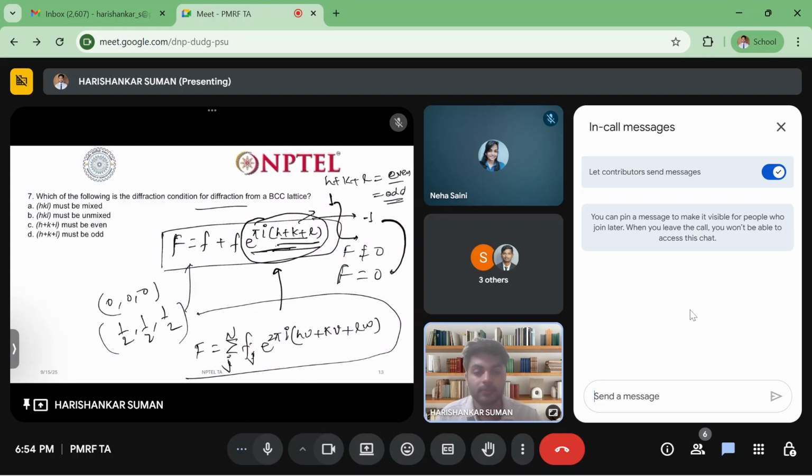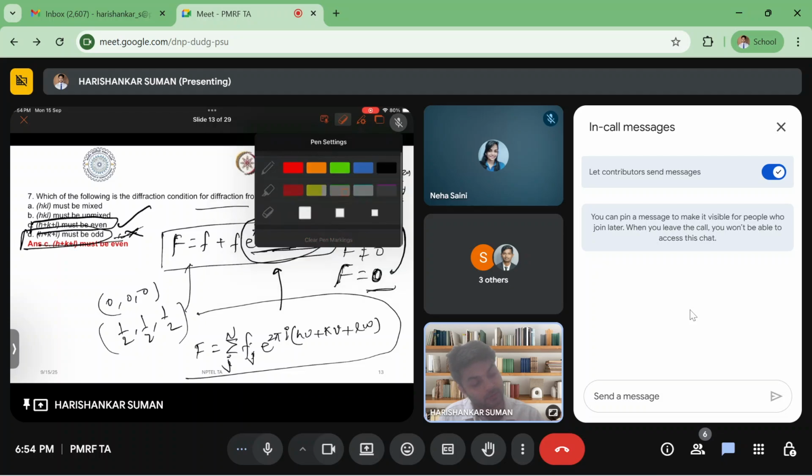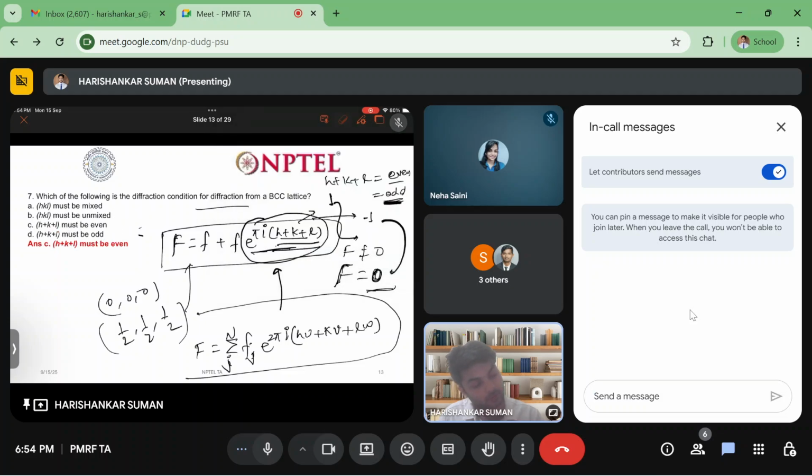Please write your answers. And we can see if the sum is odd, then we get 0, meaning no amplitude contribution. So if the sum of HKL is odd, then we are not getting diffraction, but when it is even, then we are getting it.